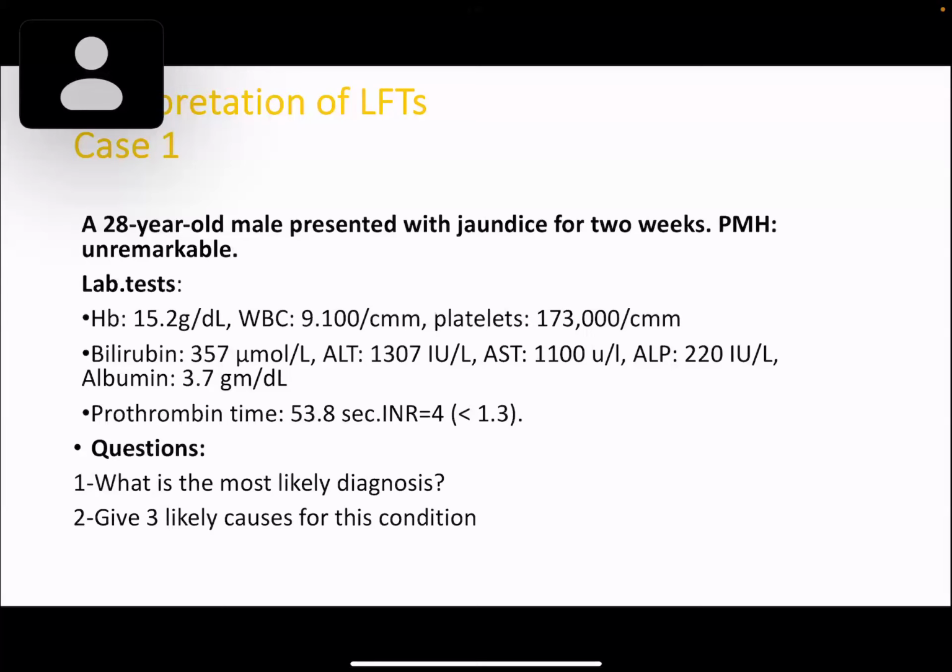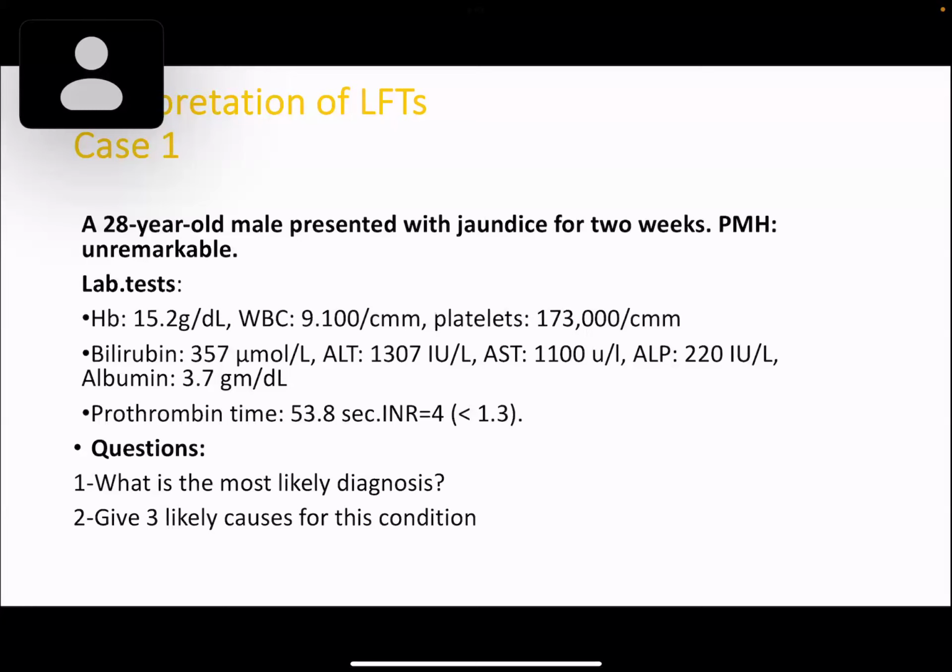This is the only information provided from the history of this patient, so we have to rely on his lab data to consider a likely diagnosis. His lab studies showed hemoglobin of 15.2, normal. So CBC normal, including hemoglobin, white blood cells, and platelets.